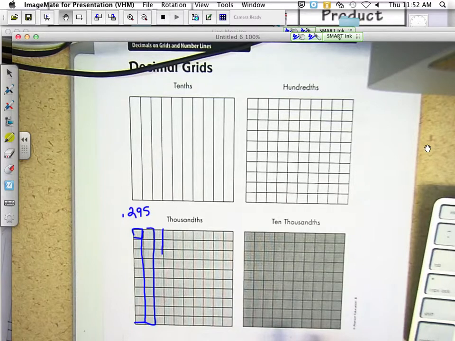So I'm going to shade in all. Let's see here. 10, 20, 30, 40, 50, 60, 70, 80, 90, 95. Here's 295 out of 1,000. How many rows should I shade?